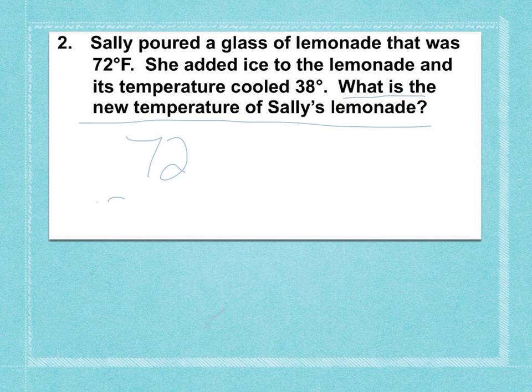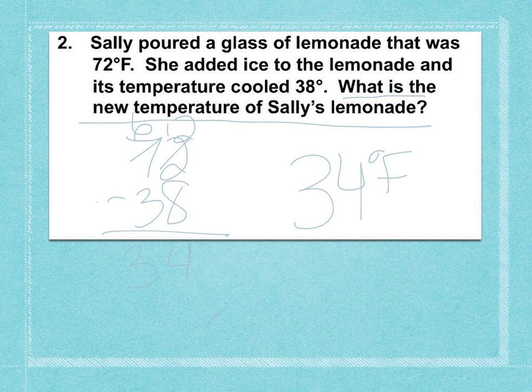So I'm going to take 72 minus 38, and I can't do 2 minus 8, but I can borrow from next door. So I borrow from next door. I can do 12 minus 8, which is 4. And then I have 6 minus 3, which is 3. So 34 degrees Fahrenheit is the new temperature of Sally's lemonade.